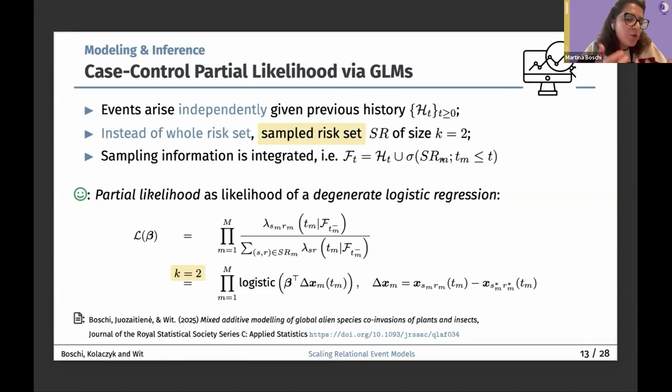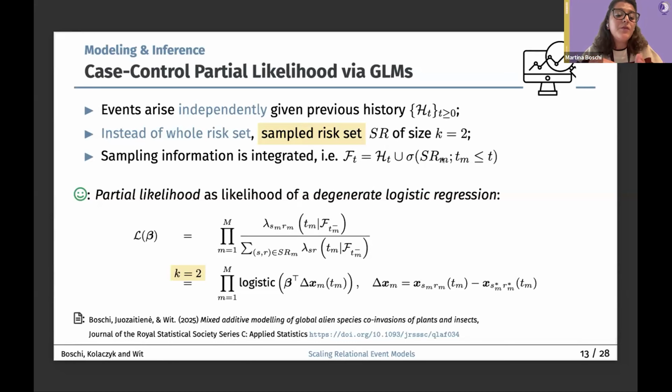We use a sampled version of this risk set that only contains a limited amount of non-events, so events that are potential at that time, in the denominator of this formula. I would like to underline that this sampling is not related to my research goal. This is already something that is applied in the relational event modeling literature.